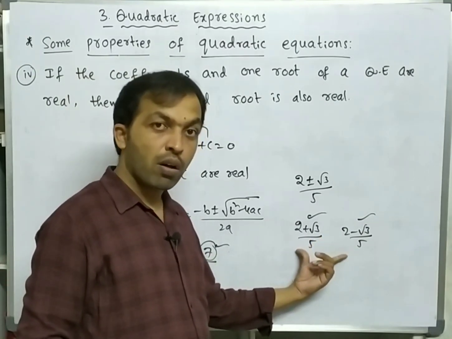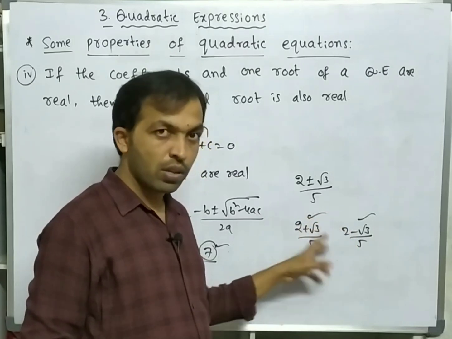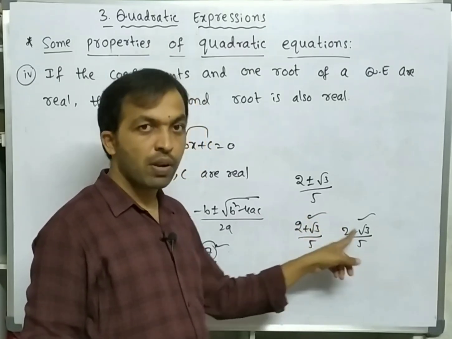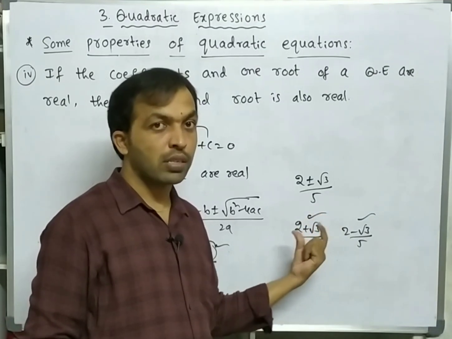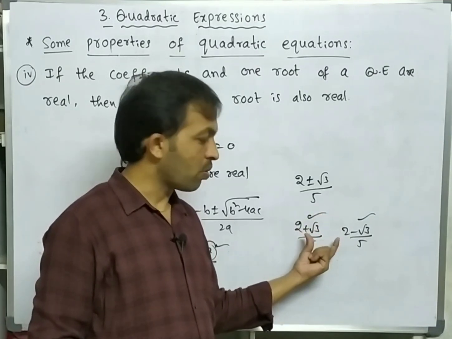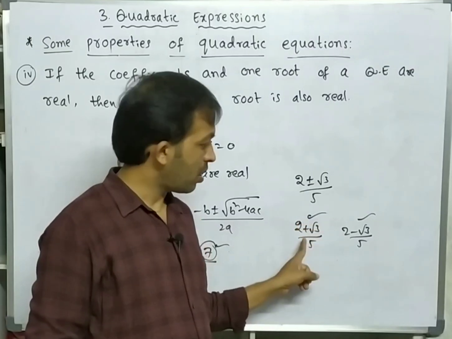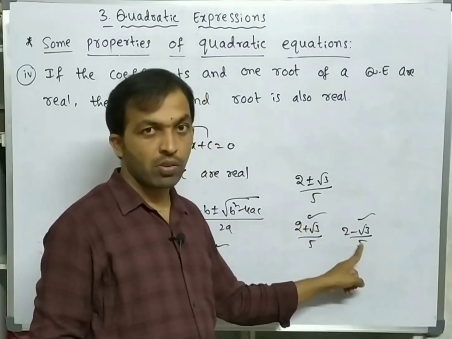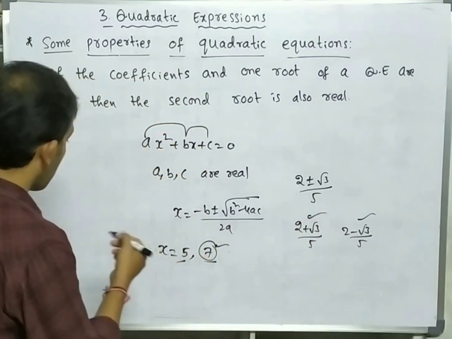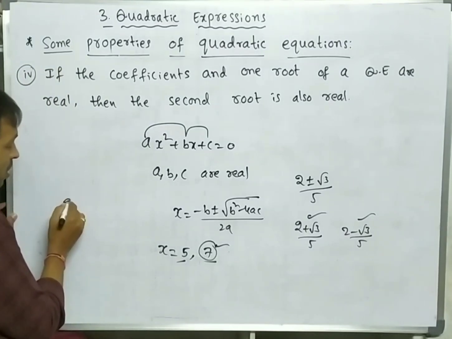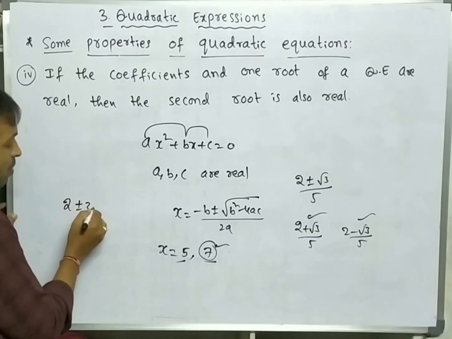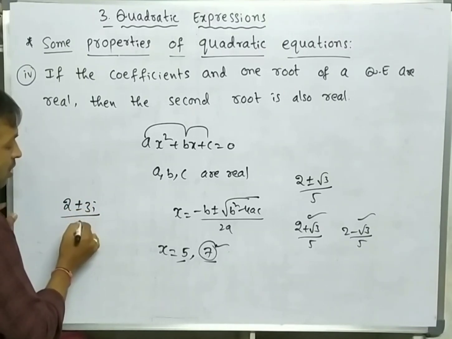These two are surds which are conjugate to each other, 2 plus root 3 by 5, 2 minus root 3 by 5. Like that we will get pairwise conjugate roots. Okay, so this is the surd and this is its conjugate. So if we get a complex number, 2 plus or minus 3i by 2.